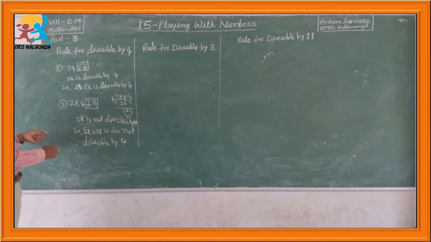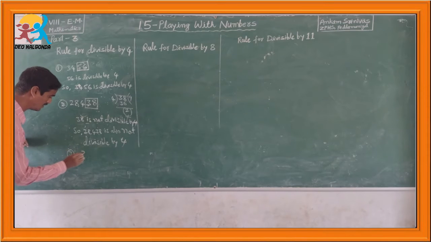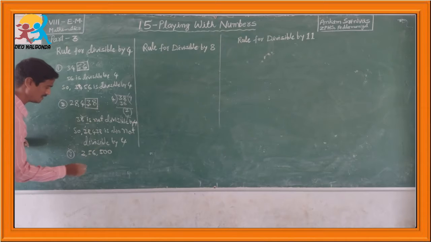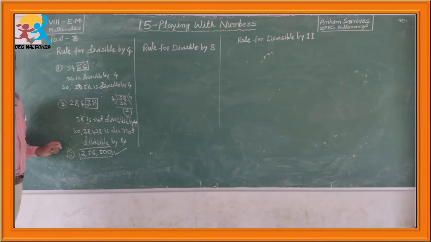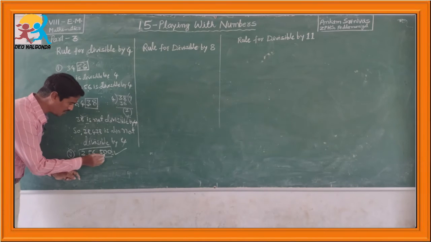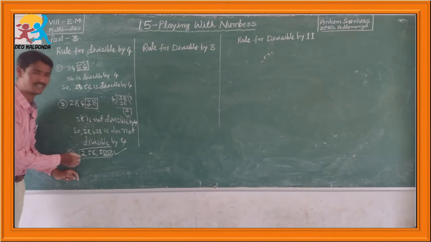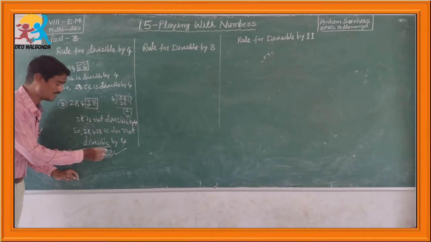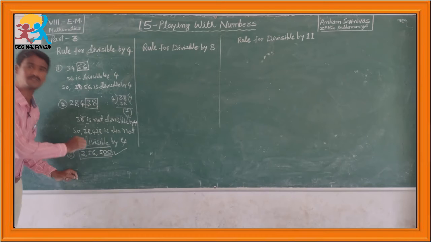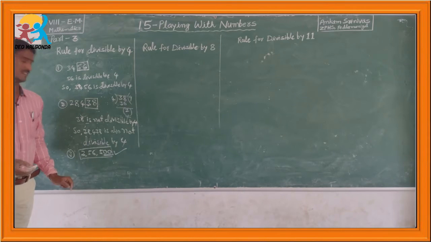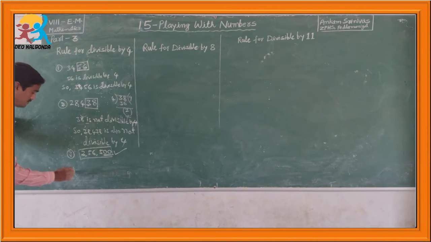So if I take a number here, 2,56,500, it is divisible by 4 because its last 2 digits are 0. In the given number, the unit digit and tens digit are 0. So it is divisible by 4. Now check one more problem.